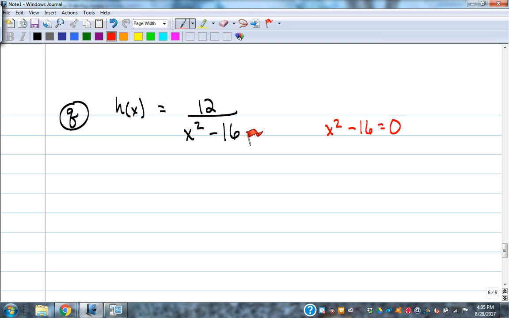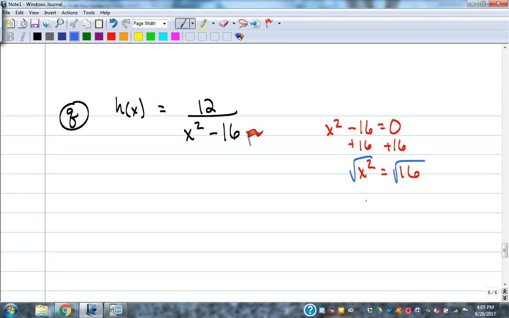How do you solve x squared minus 16 is equal to 0? Yeah, you could add 16 to both sides and use square roots. That would work fine. If you wanted to use factoring, you could do that as well, if anybody remembers how to factor. I like taking the square root there.